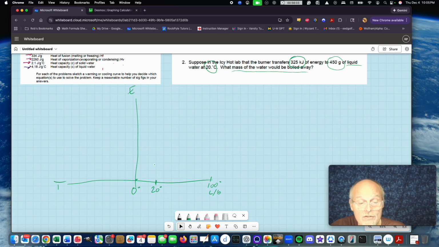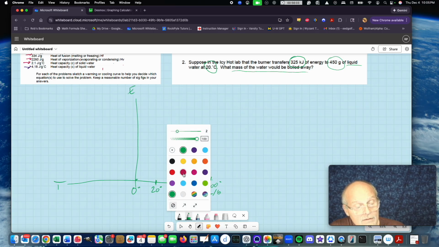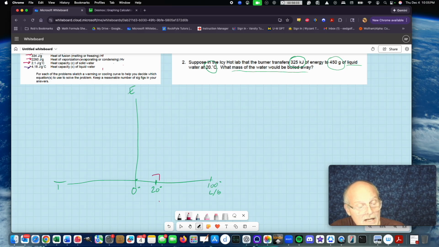So my first step, let's set my 0. I've got 450 grams of liquid at 20 degrees C, and I need to get up to 100 degrees C, staying liquid, and I want to figure out how much energy that costs to do that.